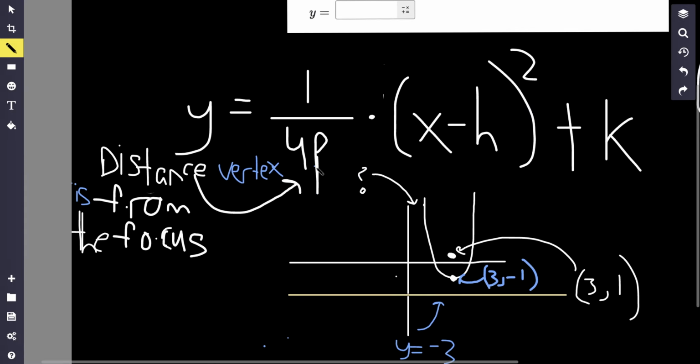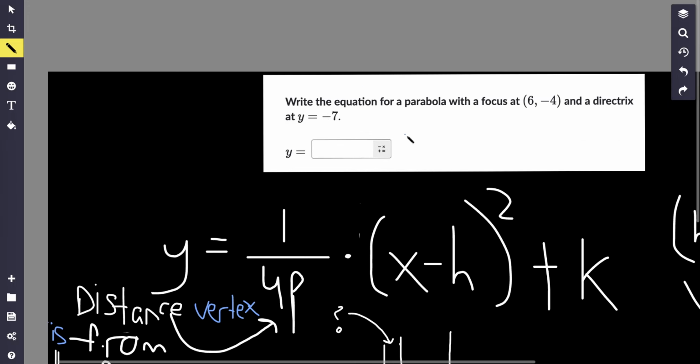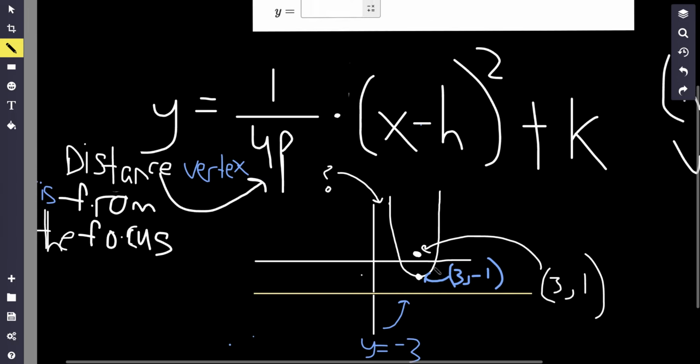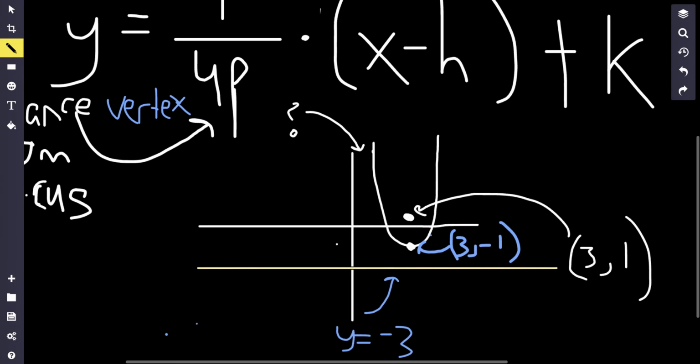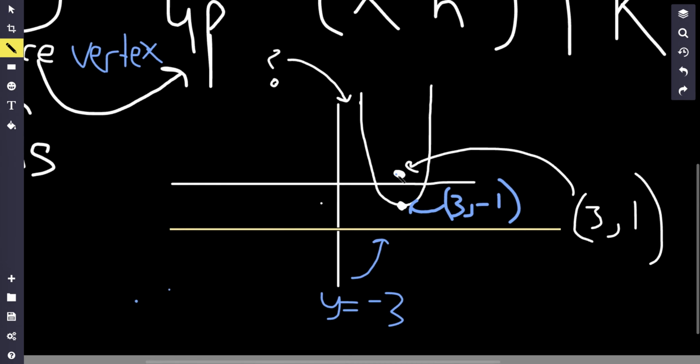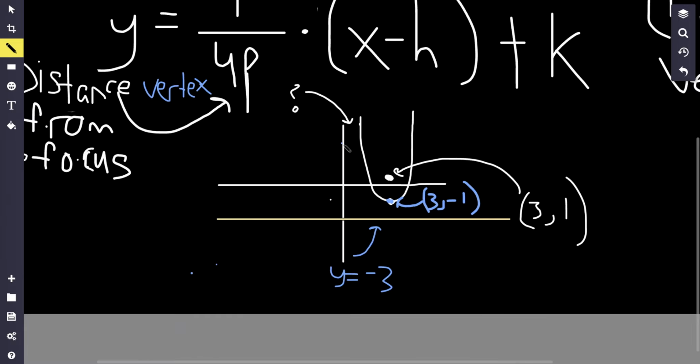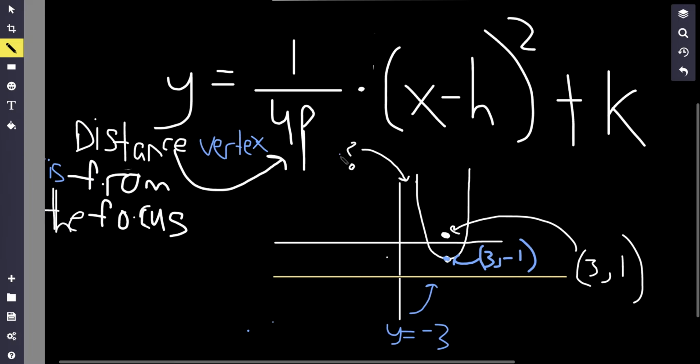Now, before going into the hard problems, let me show you an example. If I have my focus at (3, 1), the vertex of my parabola at (3, -1), and a directrix at y = -3, what is the equation of my parabola using this new equation I've shown you?